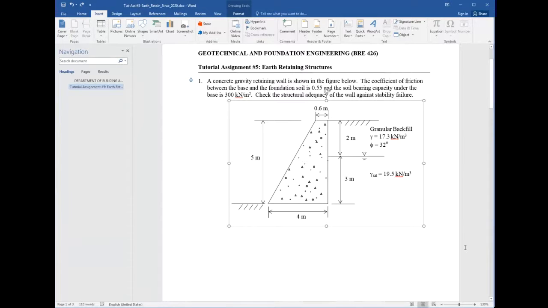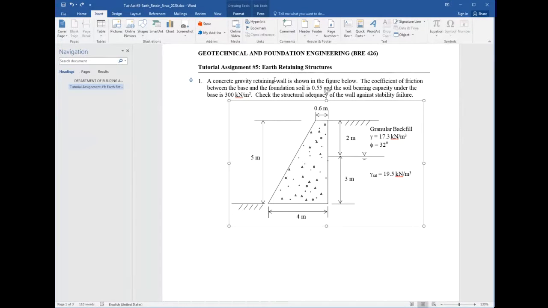Now we come to tutorial assignment 5. There are 2 questions. I will try to give you some hints in completing the assignment, so please listen very carefully. You have this retaining wall 5 meters high, and the soil parameters are shown on the right hand side.